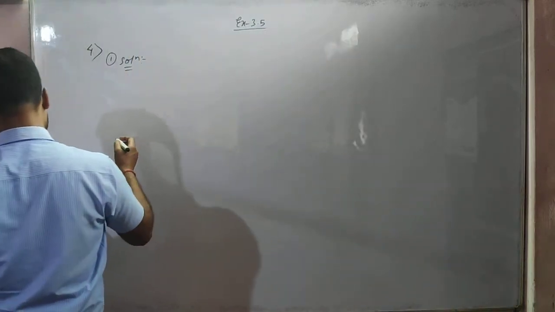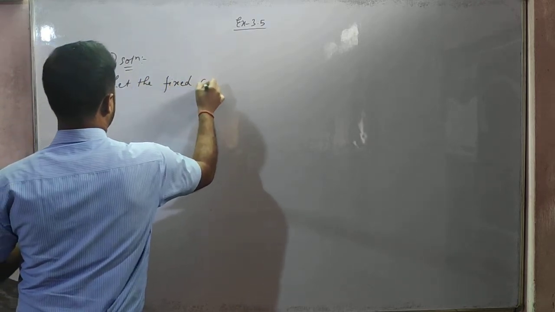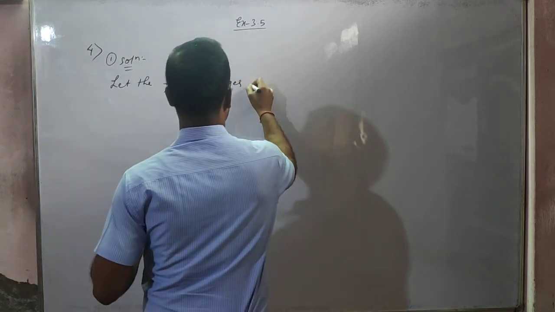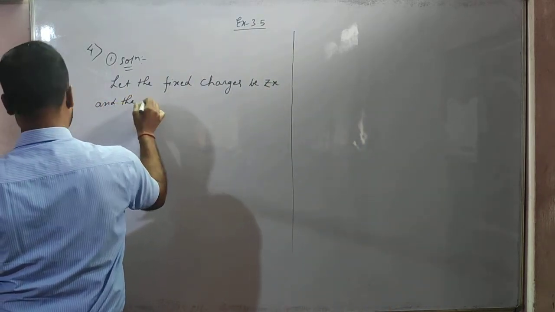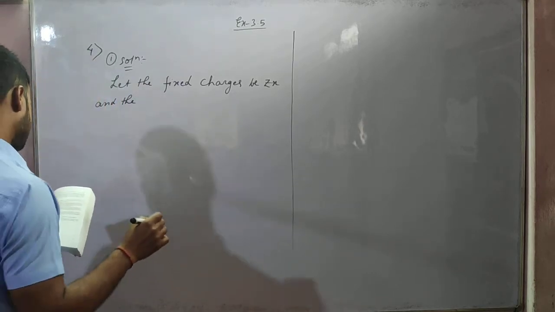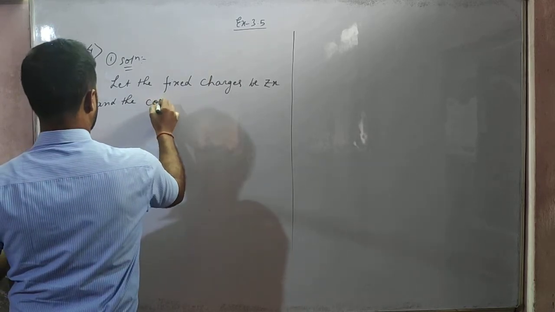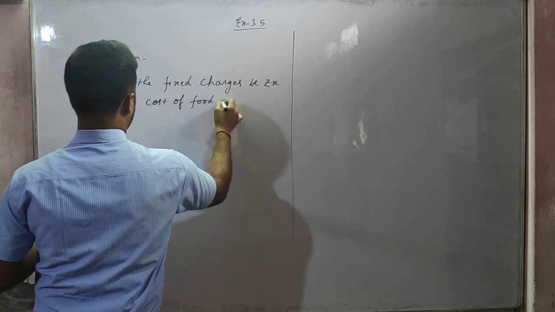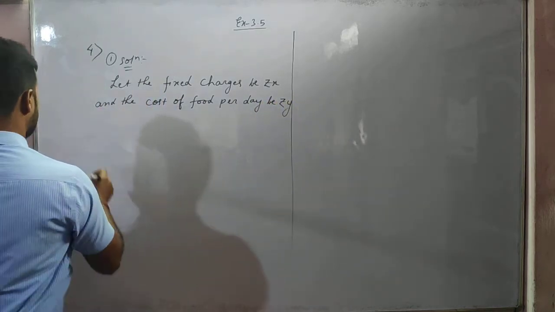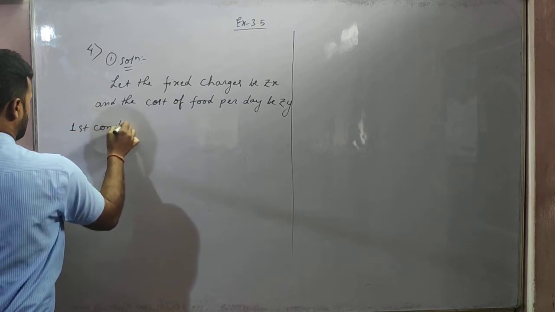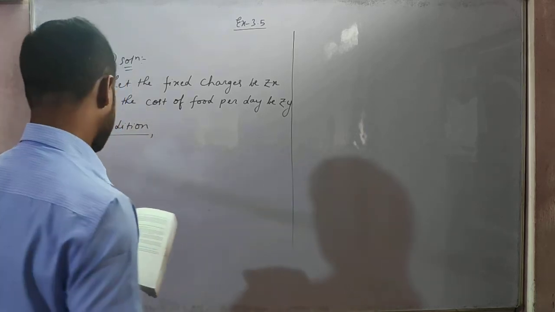Okay, so let the fixed charges be rupees X and the cost of food per day be rupees Y. Okay, so first condition, when a student A takes food for 20 days, she has to pay 1000 rupees.